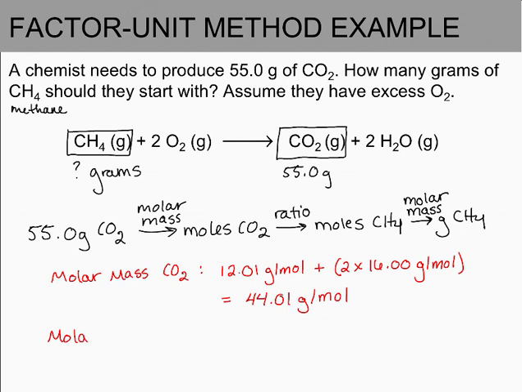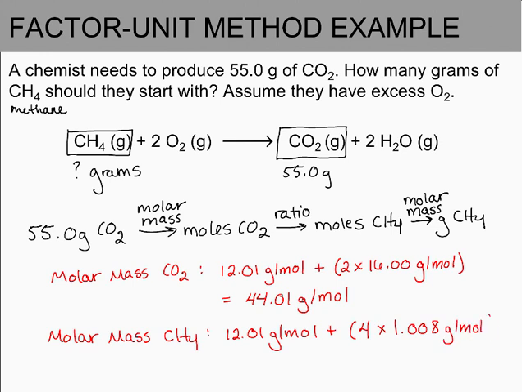And now for the molar mass of CH4, methane. Remember, methane is what's present in natural gas. So again, the molar mass of carbon is 12.01 grams per mole, and then we have 4 hydrogens, so we'll multiply 4 by the mass of hydrogen, which is 1.008 grams per mole.